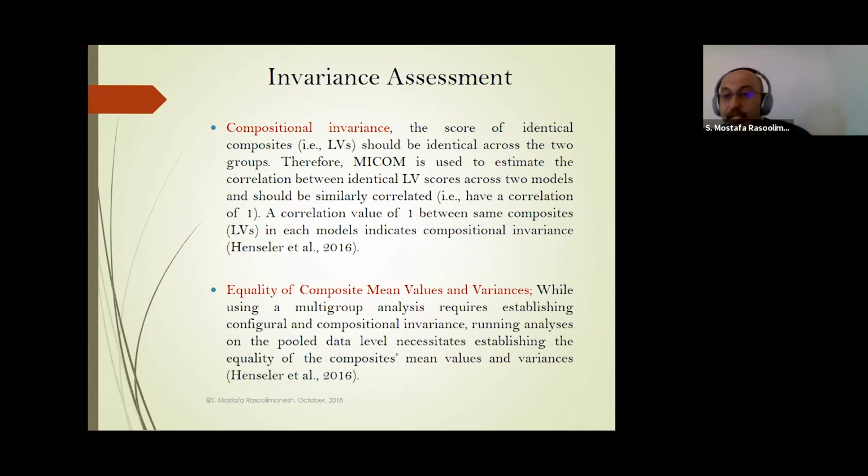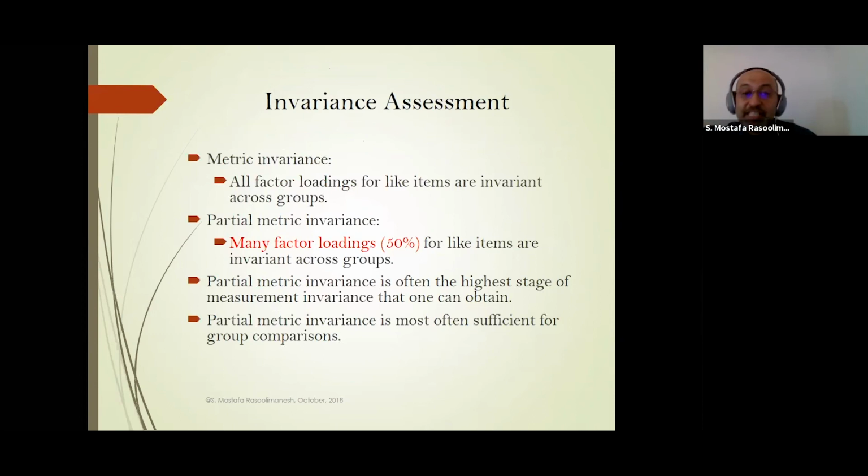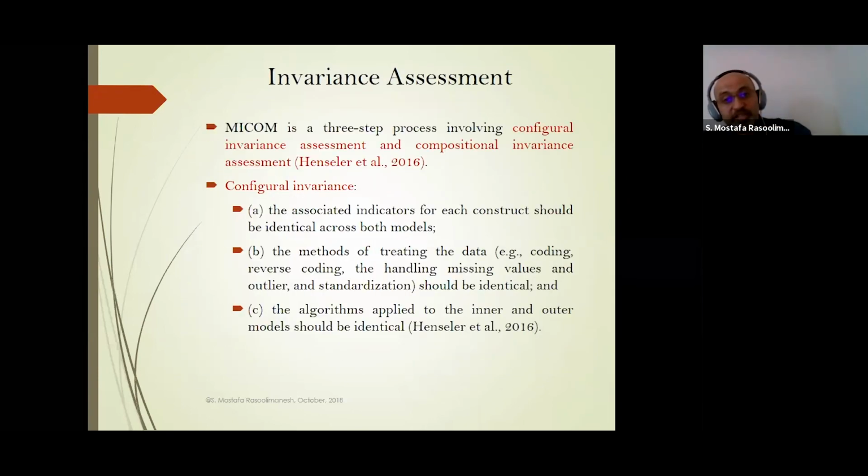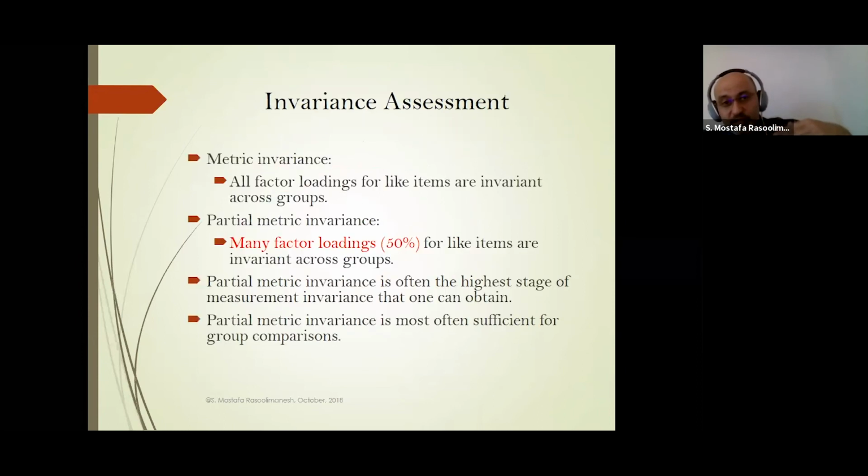Okay. So if we decide to apply multi-group analysis to compare coefficients between groups, we have to check measurement invariance before MGA. For measurement invariance, we have the parametric test, where we can compare loading and weight between two groups, and at least 50% should be insignificant.